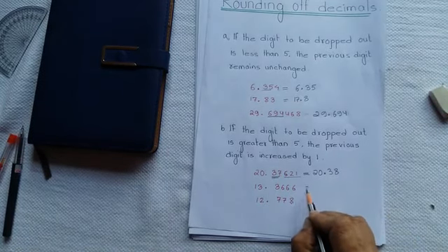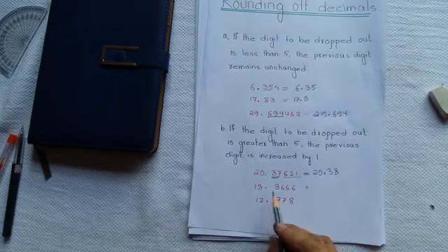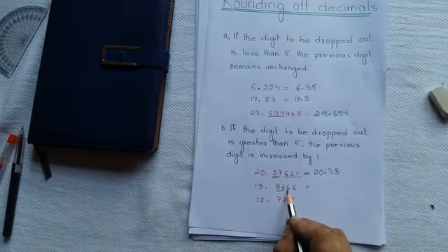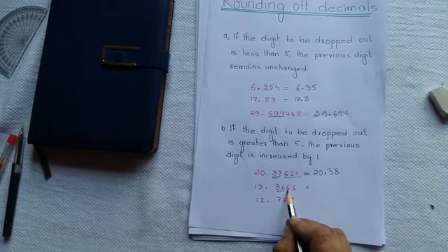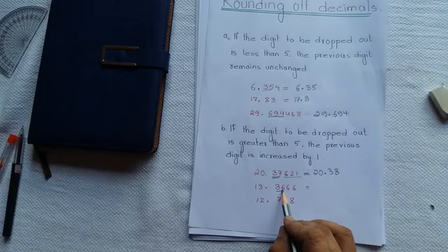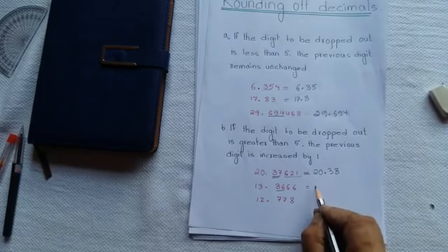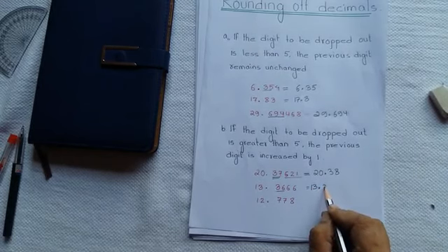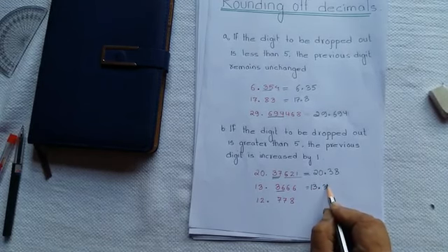Now here again, if you want to keep 2 digits after the decimal point, then see the digit next to it, which is greater than 5. So we just increase the previous digit by 1. So it becomes 13.37.